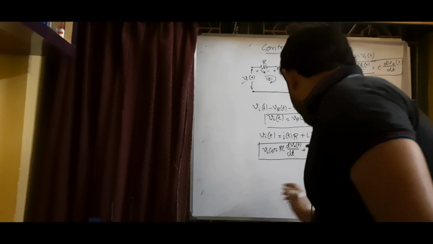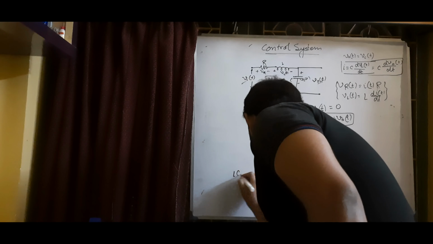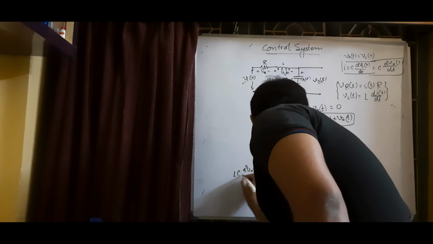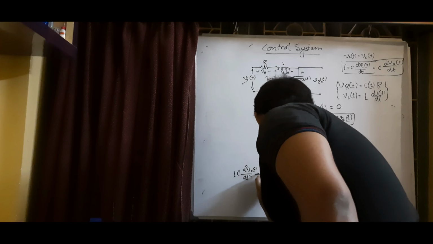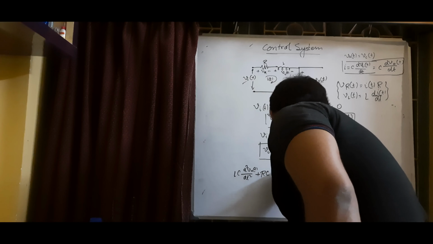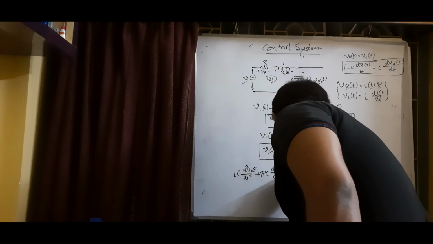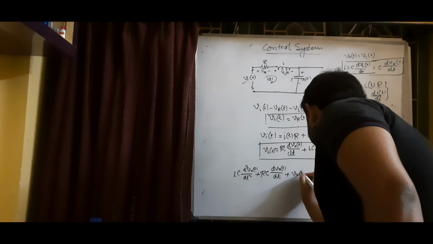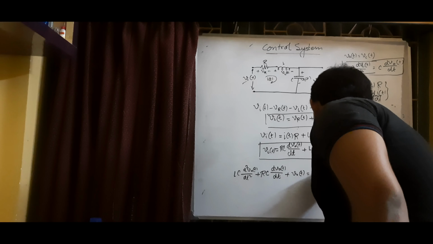Let me do this for you. LC d²v_0(t)/dt² plus RC dv_0(t)/dt plus v_0(t) equals v_i(t).